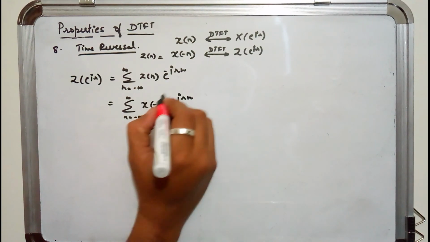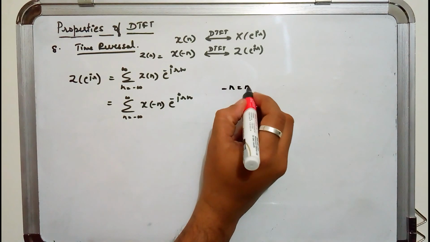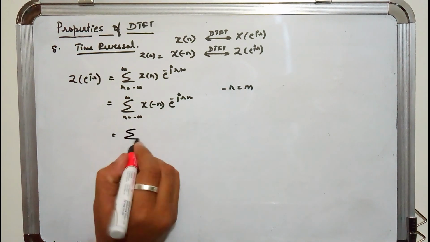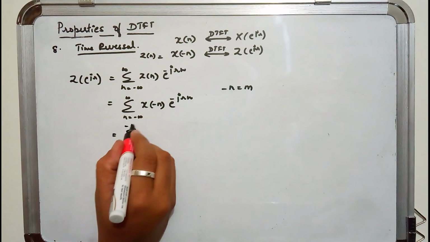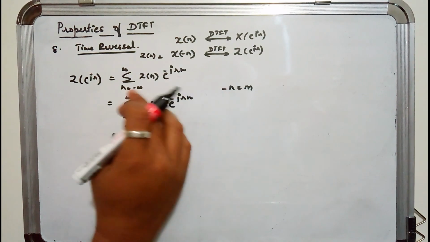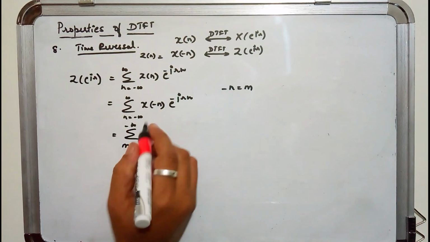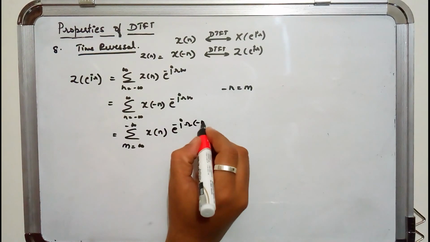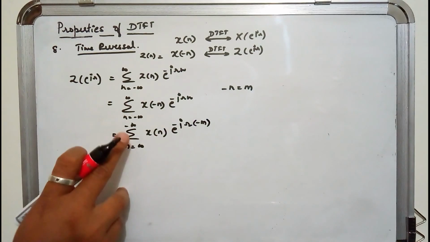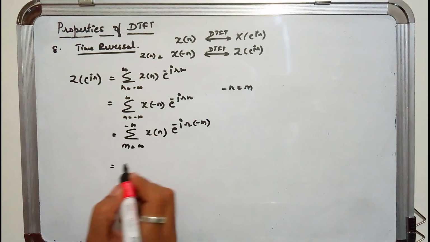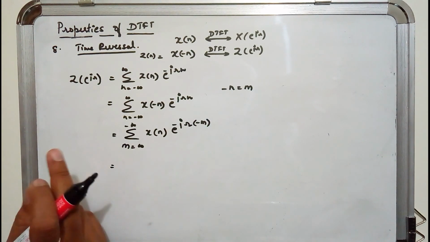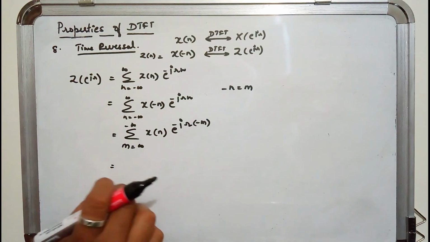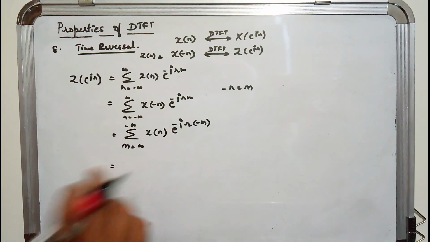Now if I substitute minus n as m, if n is equal to minus infinity, m will be infinity. So the lower limit will be infinity and the upper limit will be minus infinity, because if n is equal to infinity, minus n will be minus infinity. So x of m into e power minus j omega n, where n is minus m. But in a summation, the limits can be interchanged because it will not affect the value of the summation, whereas in integration, if the limits are changed, the integration value will be negative.